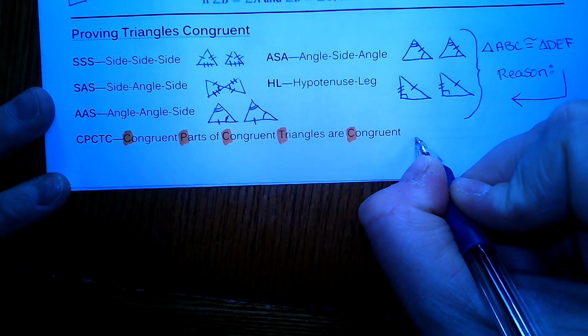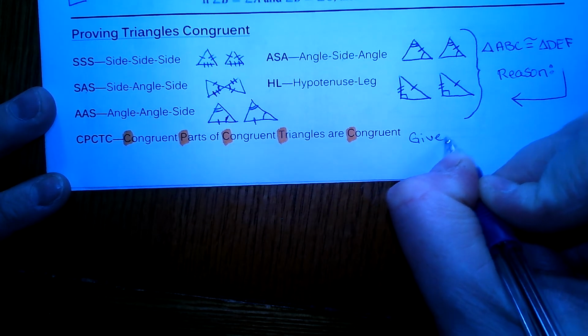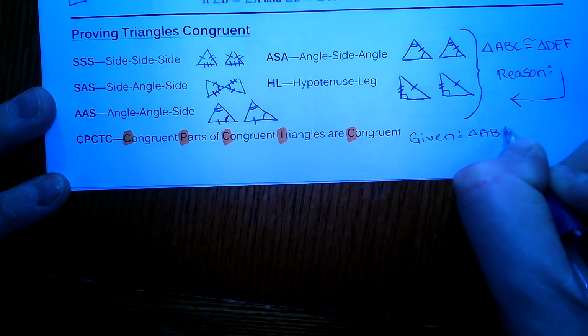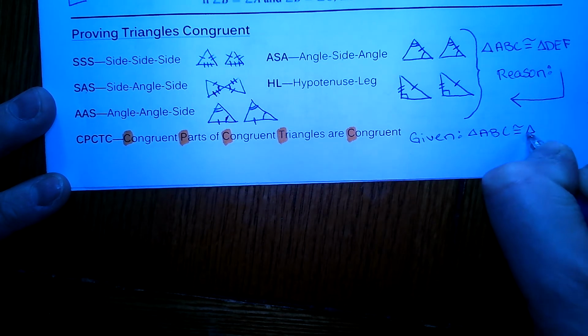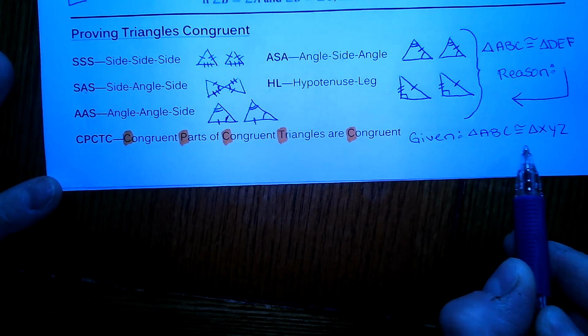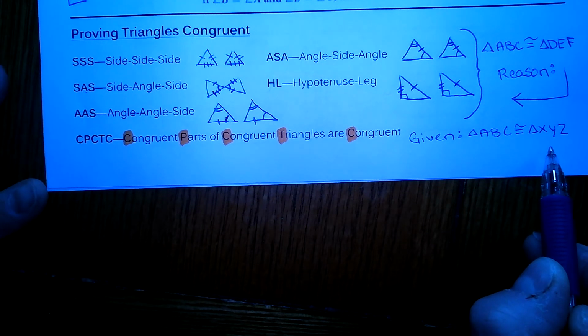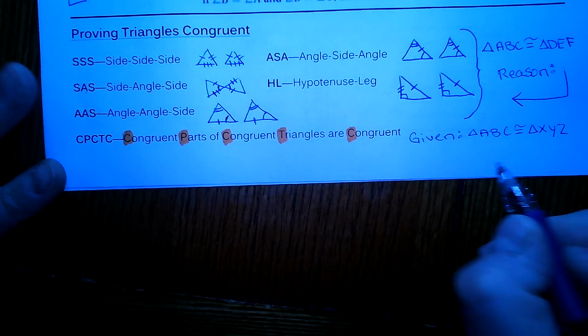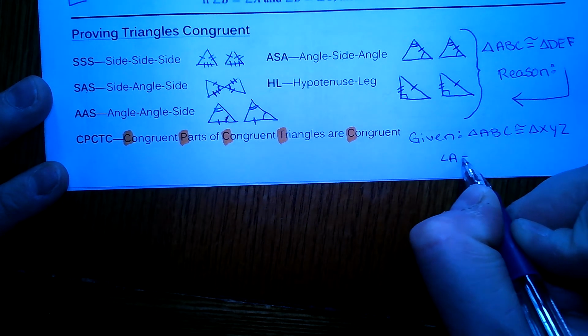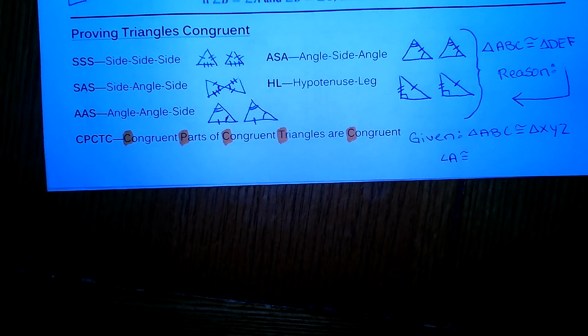Maybe you've just discovered or you've been given that triangle ABC is congruent to triangle XYZ. Well, just within this congruent statement, I can now prove that, I'll go with this one. What would angle A be congruent to now, even without a picture?